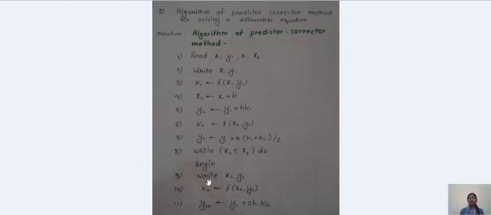Do begin. Next write the values of x2, y2, then find the value of the function at x2, y2, that is k2, and next we find the predictor y3, predictor formula y1 plus 2 into h into k2.